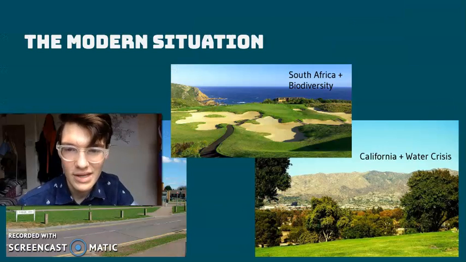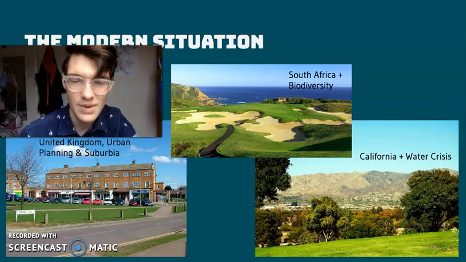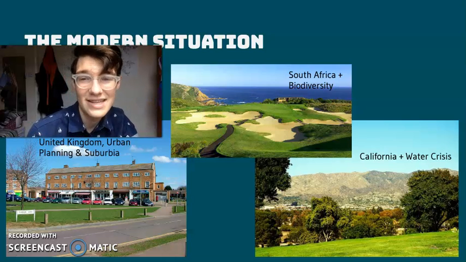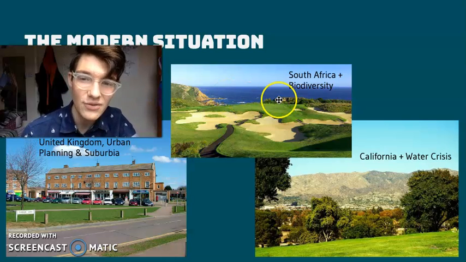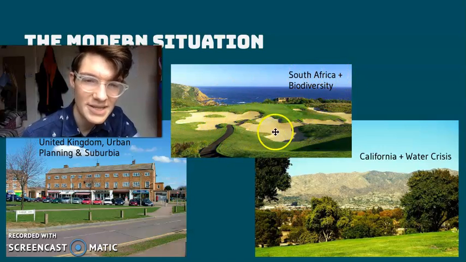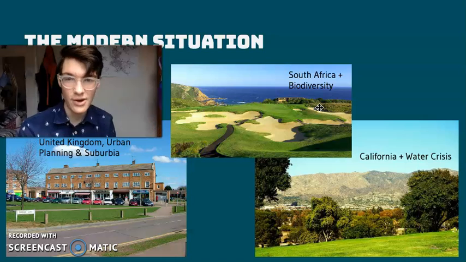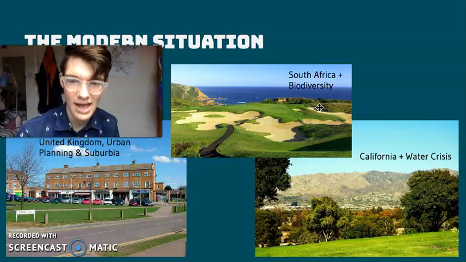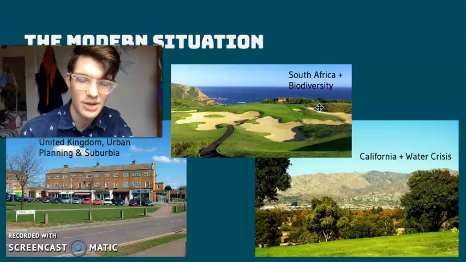So the modern situation: why should we even care? It's just a lawn. So here I've got 3 examples. This is a golf course in South Africa, and South Africa is a biodiversity hotspot, and it has so many endemic plants and animals that you can't find anywhere else in the world.